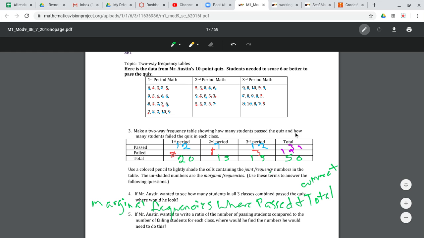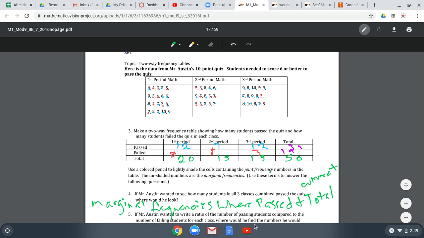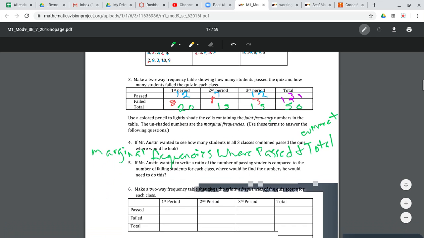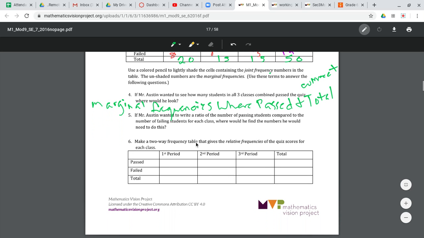So it's where those 2 categories are overlapping in this case. So you guys will take a look at number 5. I want to see if you guys can come up with what that would be.